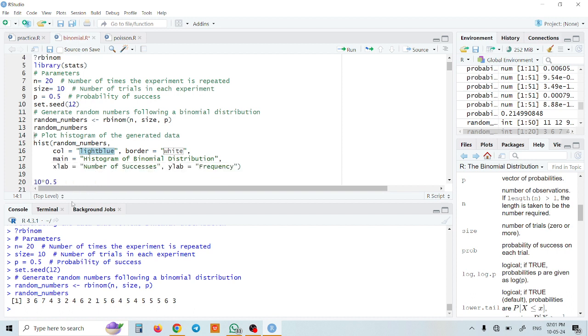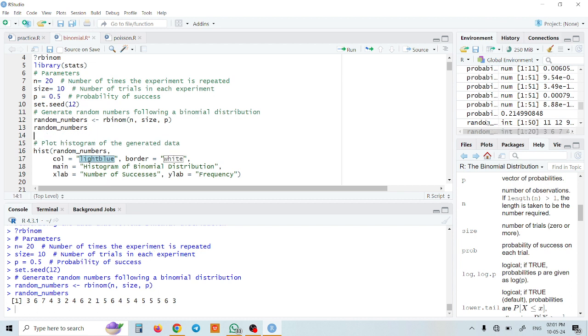Now since these are repeated values, see 5 is coming many times, 6 is coming, so we can make a frequency table. You know how to make the frequency table? That can be done using the table function, and we want the frequency table of random numbers.